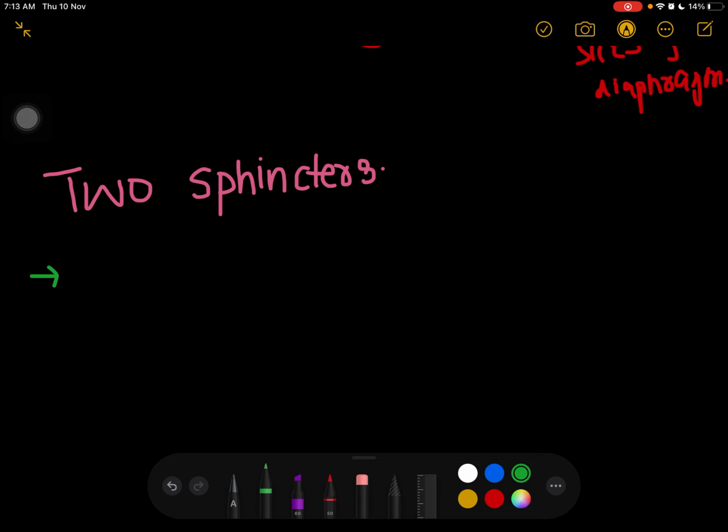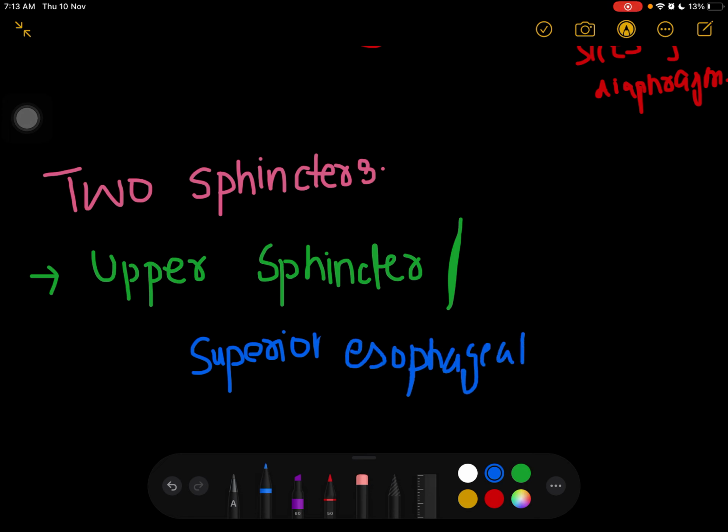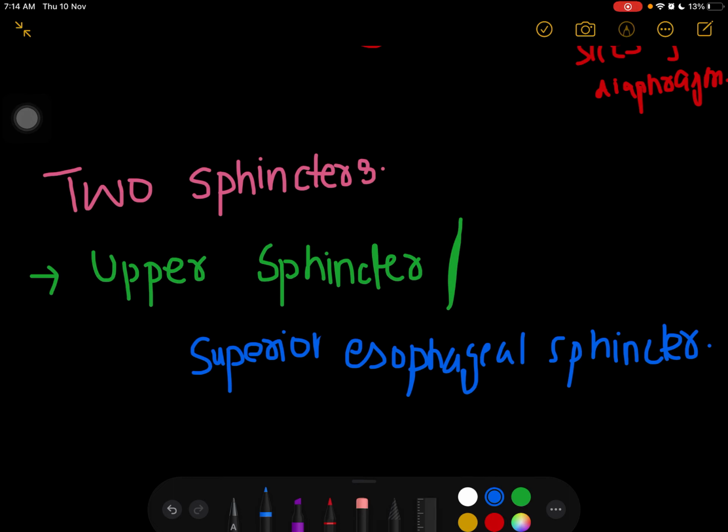The first is the upper sphincter, or you can say this as the superior esophageal sphincter, right? You can say this too. So upper sphincter or superior esophageal sphincter.